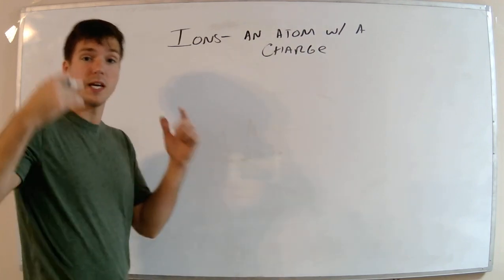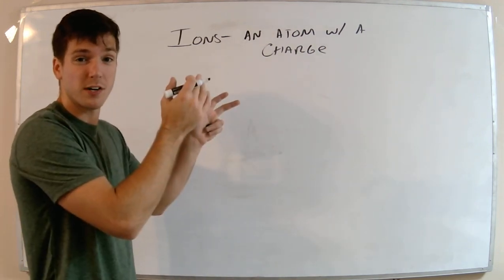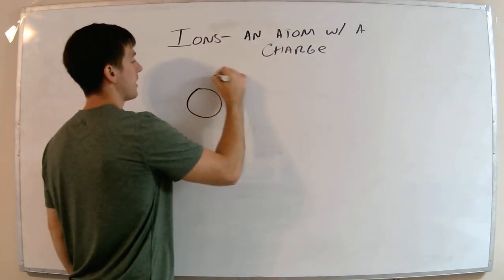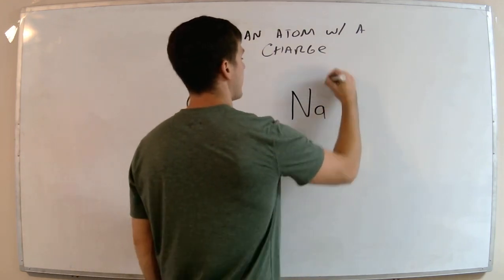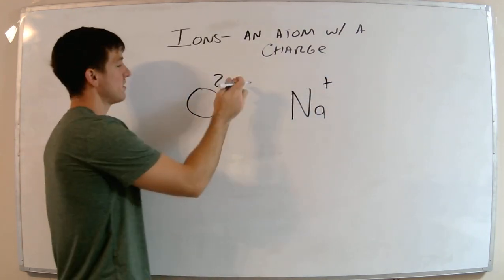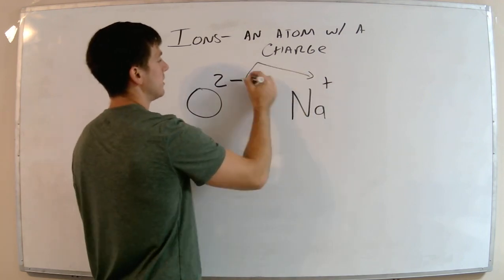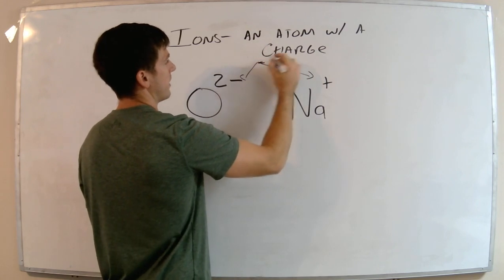So the way we state charge is, mass number was in the upper left corner, now charge is in the upper right corner. So you will get something like O 2 negative or something like Na plus. And now these numbers in the upper right corner are our charges.